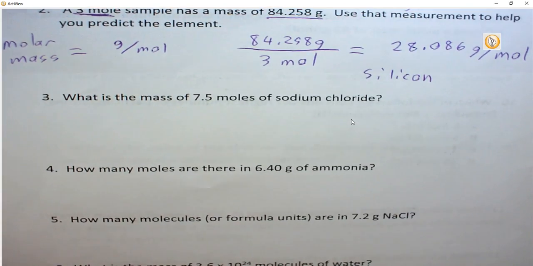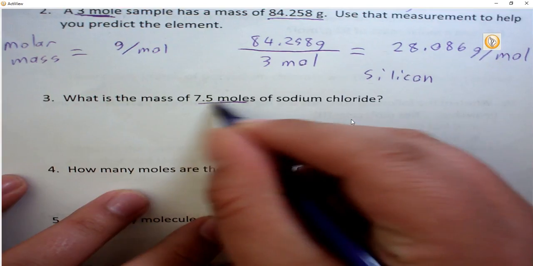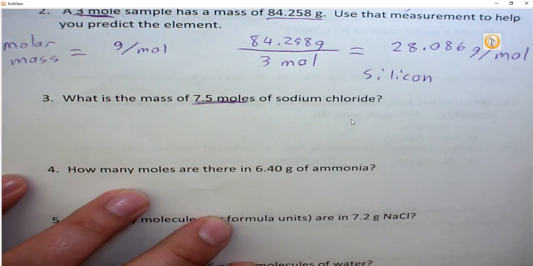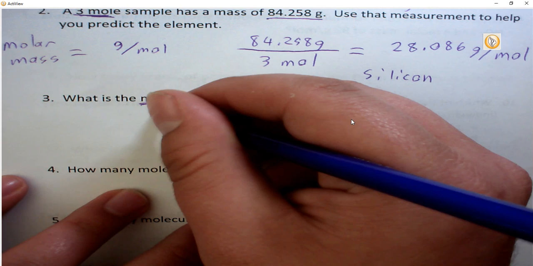Number 3 here. What is the mass of 7.5 moles of sodium chloride? This should be easy for us at this point. So I'm going to start off and do every step of the way, just in case you might have forgotten something along the way. What we have here is a molar conversion. We have moles of sodium chloride, and we want to go to mass, which we know the unit for is grams.